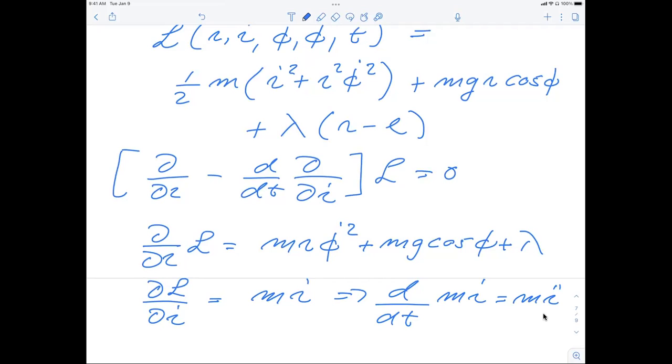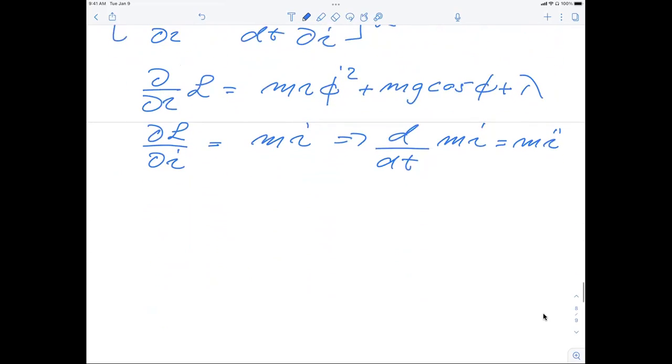If I collect all terms now, what we get is m times r double dot equal to m times r times phi dot squared plus m times g times cosine phi plus lambda.